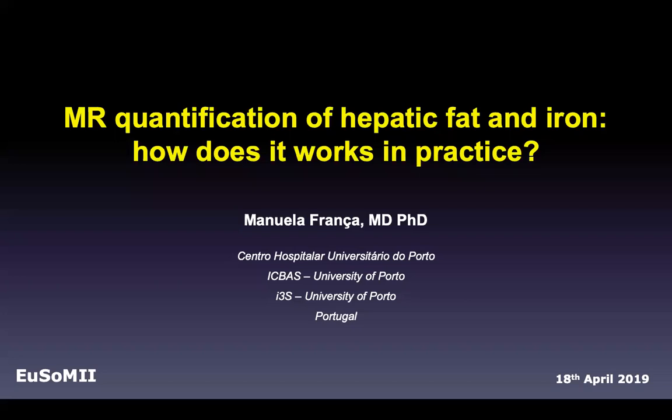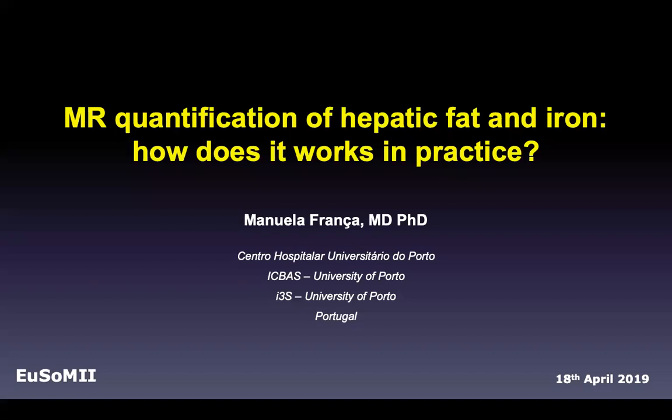So, for example, for an R2-star of 200, if I use one method, this corresponds to one liver iron concentration, but if I use another method, it can correspond to a different iron concentration measurement. Of course, these differences are not very important, but if we are monitoring patients over time, we must be careful with that.